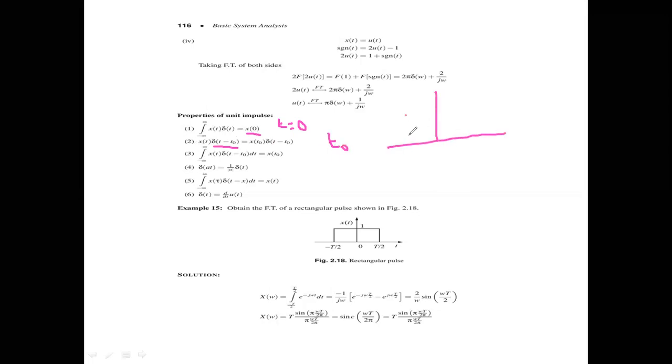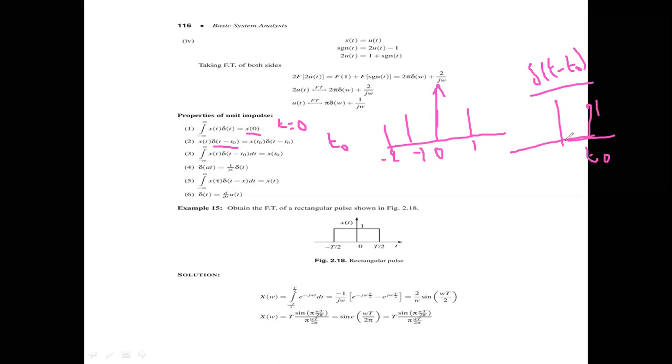Suppose x of t having values like this. So minus 2, minus 1, 0, and 1. But what is the delta of t minus t naught? Delta of t minus t naught having only one value at t naught.